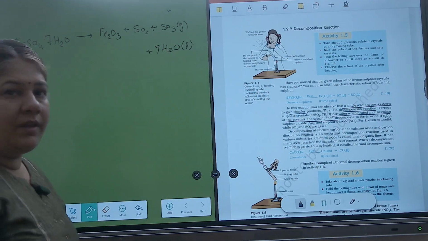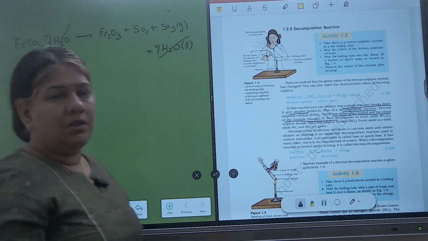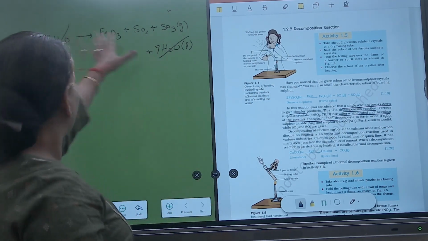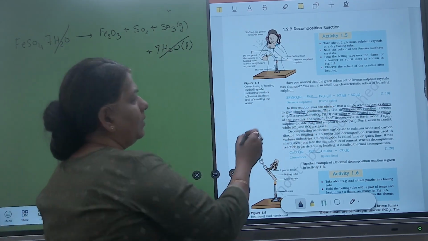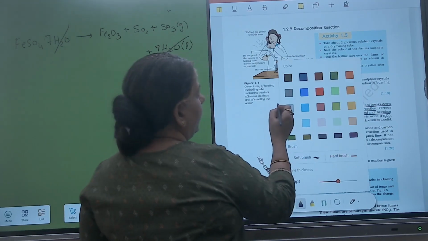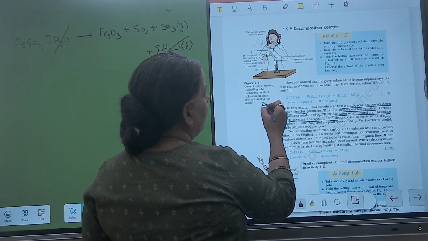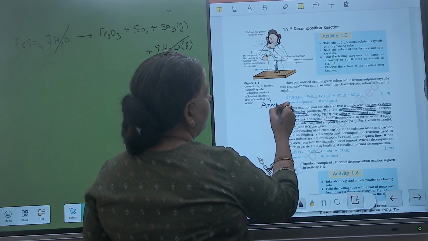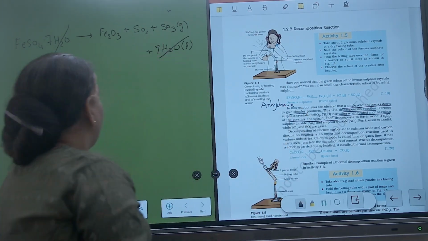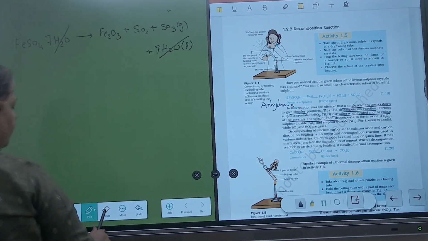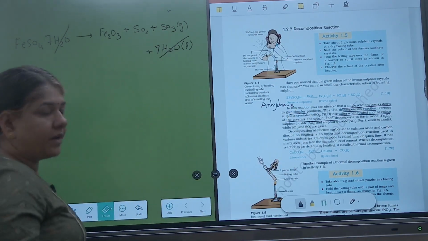During balancing, we can cancel out these 7 water molecules from both the sides. Hence the reaction we are writing is of anhydrous salt. So you can add one more word here, anhydrous ferrous sulfate. This will make it more clear. Water molecules are not shown in the reaction.